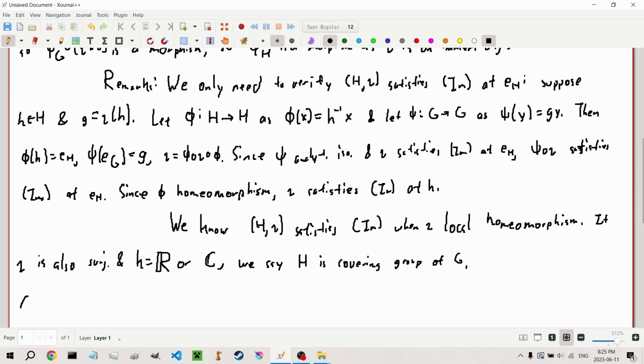Third, we should also look at submanifolds in the context of Lie groups here.